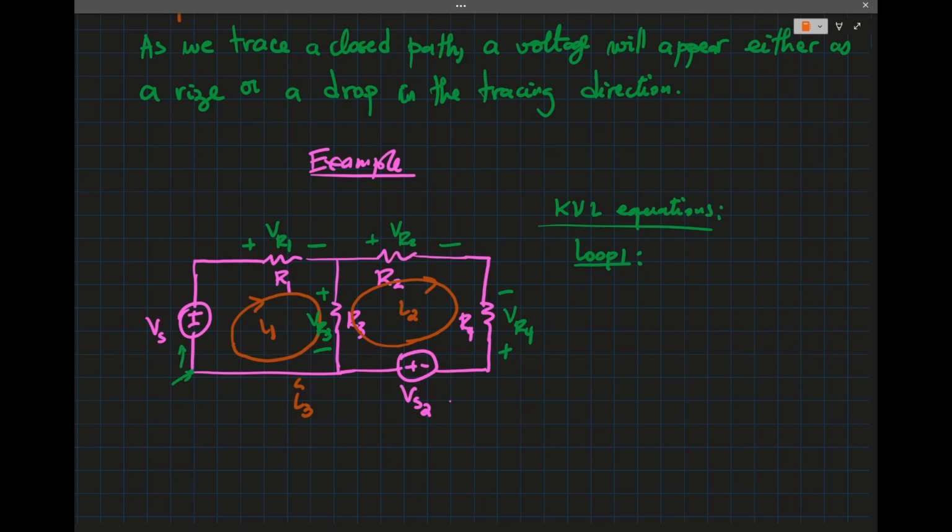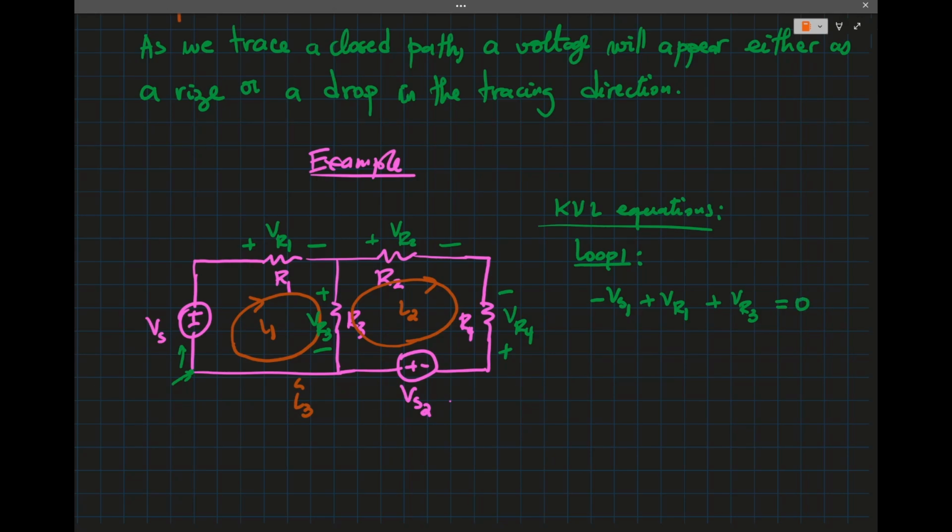In that case, as we move across the minus polarity of the voltage source first, that will be minus vs1, plus vr1, because we cross the plus polarity, plus vr2, plus vr3, and I come back to that same node, so that is equal to 0.